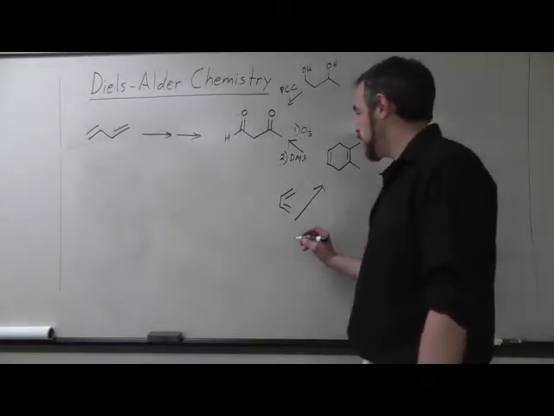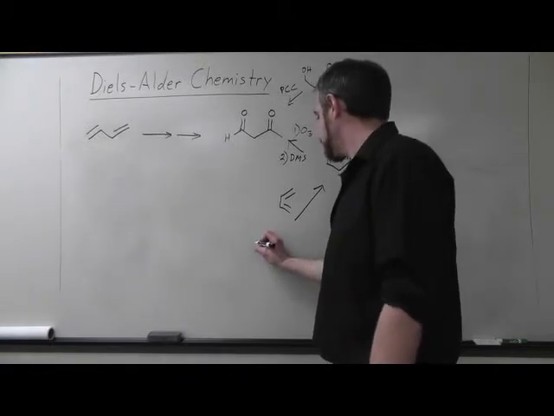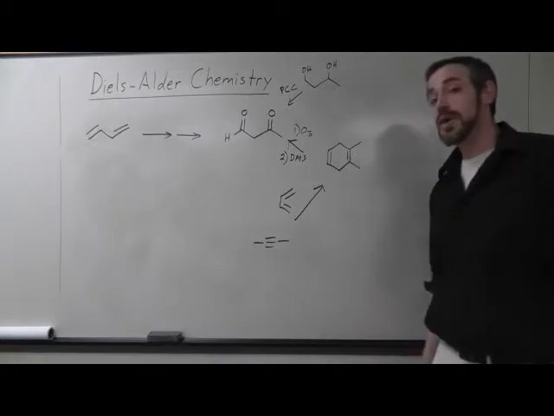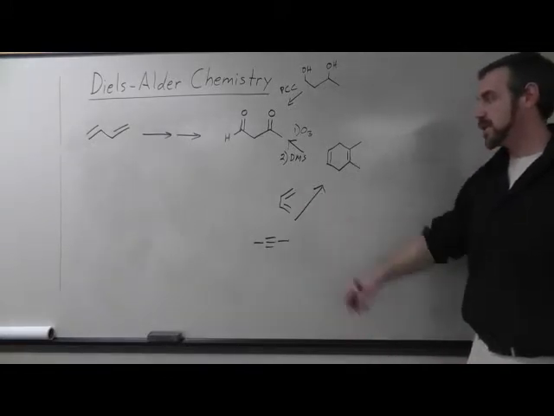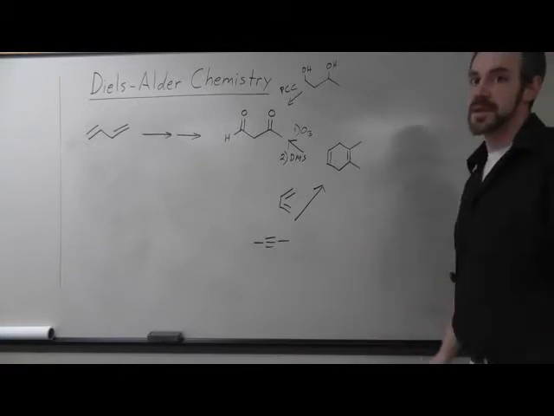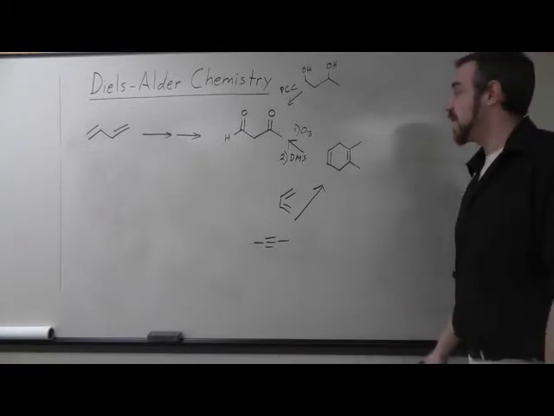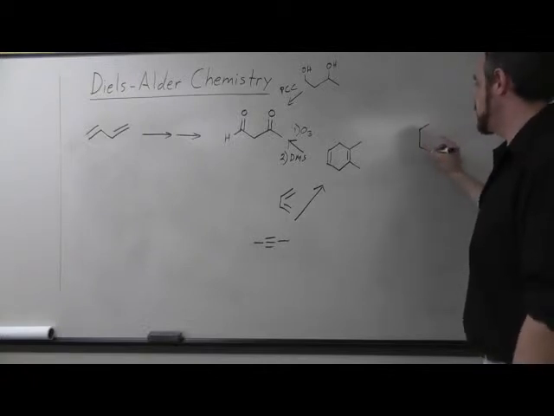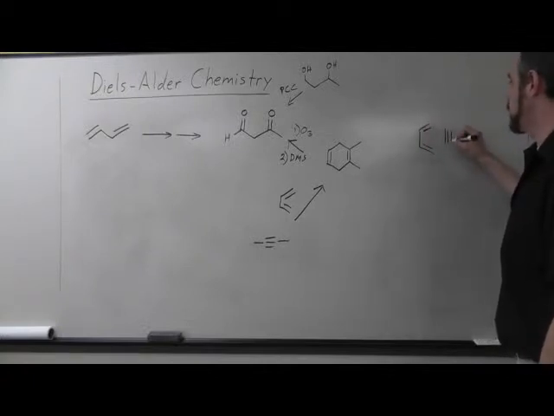Well, you'll need an alkyne. And so 2-butyne can react with 1,3-butadiene to make this dialkene. And so the mechanism for that is the same as we've seen before.